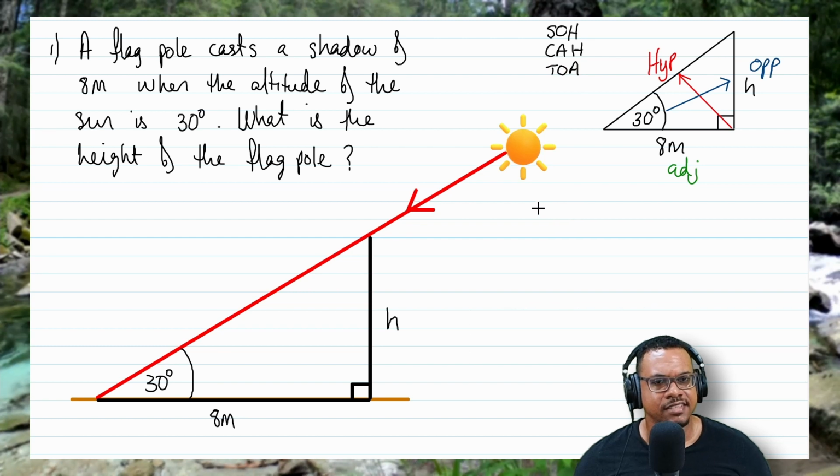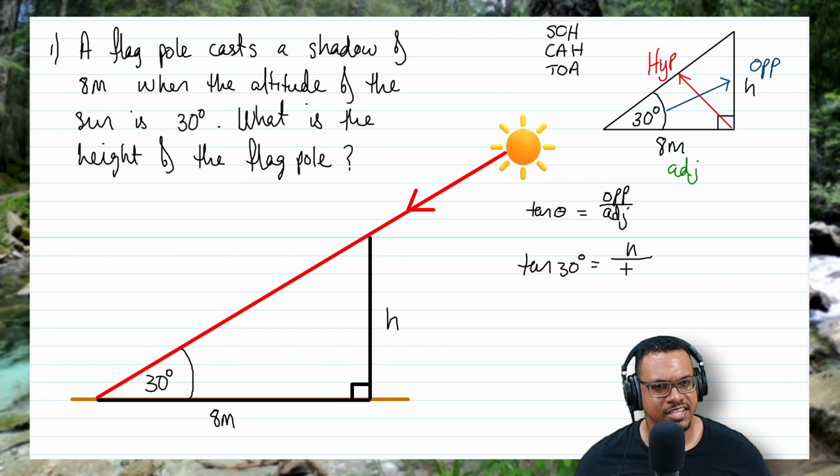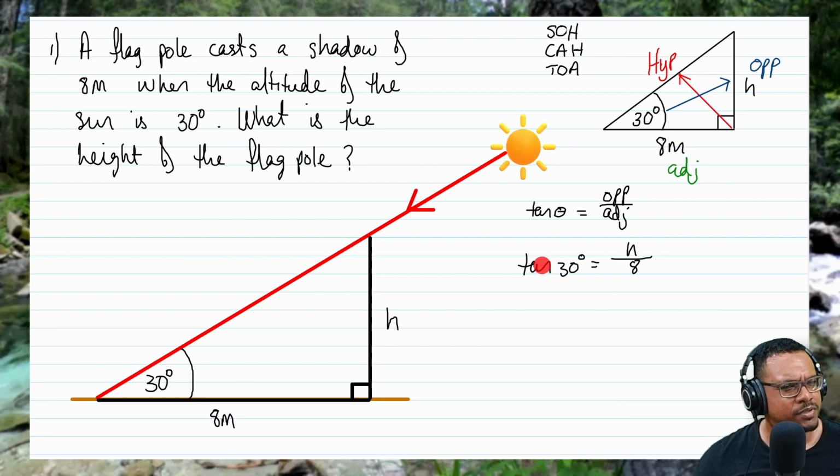So we're going to write tan theta is equal to opposite over adjacent. Our angle is 30 degrees. So we have tan 30 degrees is equal to the opposite, which is H, over the adjacent, which is 8. We're going to put tan 30 over 1 so we can cross multiply.